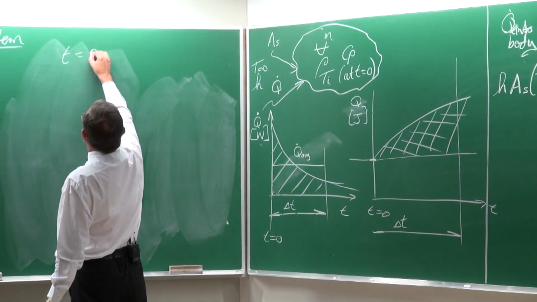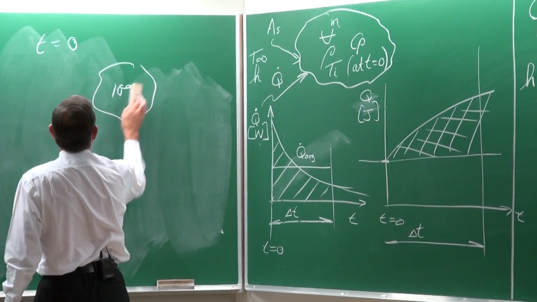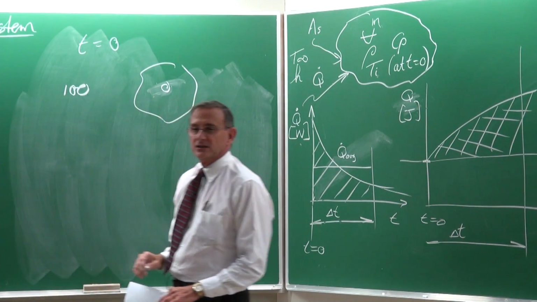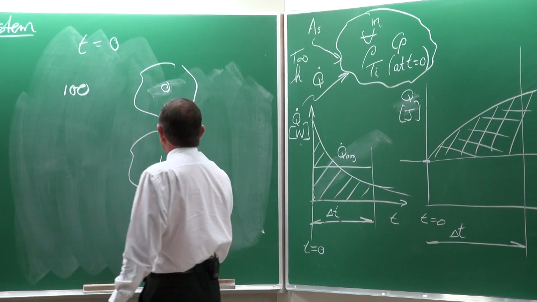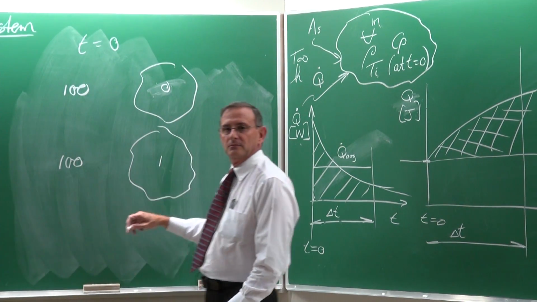So at t equals 0, this body, let's suppose, was at 0, and that temperature was 100. Now let's suppose 1 second later this temperature increased to 1 and that temperature stayed at 100.